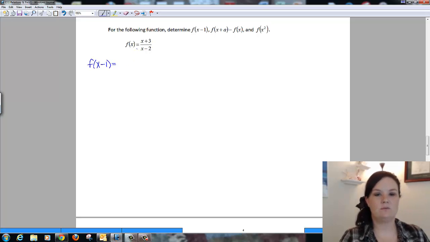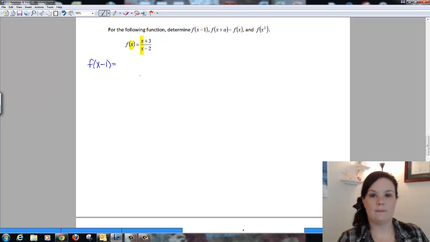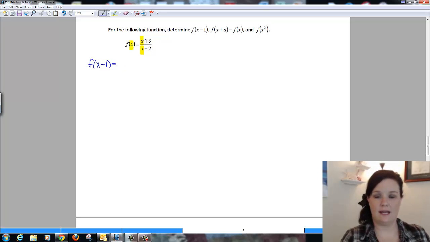F of x minus 1 says wherever I see an x, I'm going to plug that in. Whatever's inside my parentheses is what I plug in for x. So here I have a quantity. Notice my function says whatever's inside the parentheses goes in, and I add 3 to it, and I subtract 2 from it on the bottom.